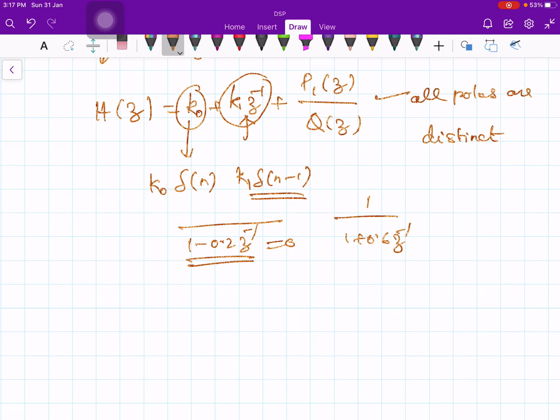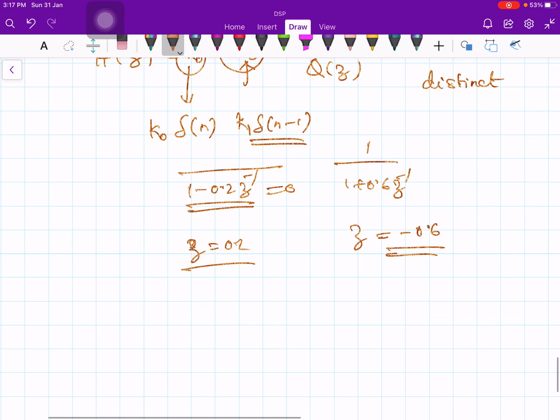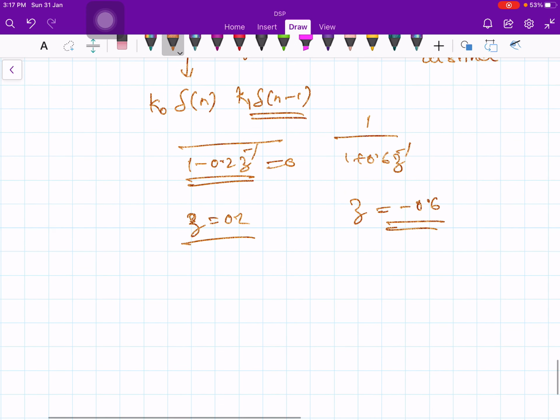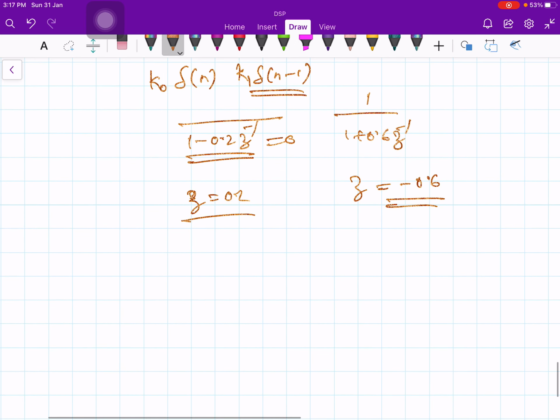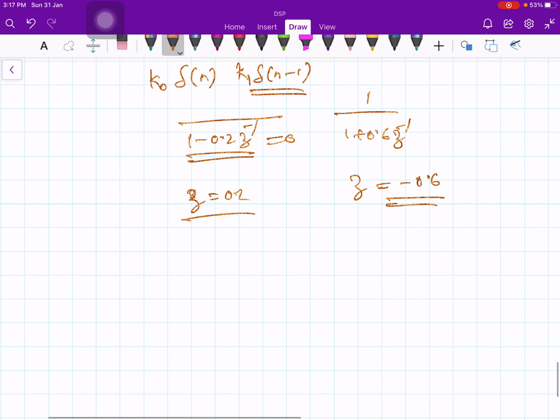So z equal to 0.2 is one pole, and z equal to minus 0.6 is another pole. So these two poles are not repeated, they are distinct. If they have repeated poles, then what do you do? There is a systematic procedure that we need to follow. Let's take a general case and try to understand when we encounter repeated poles.